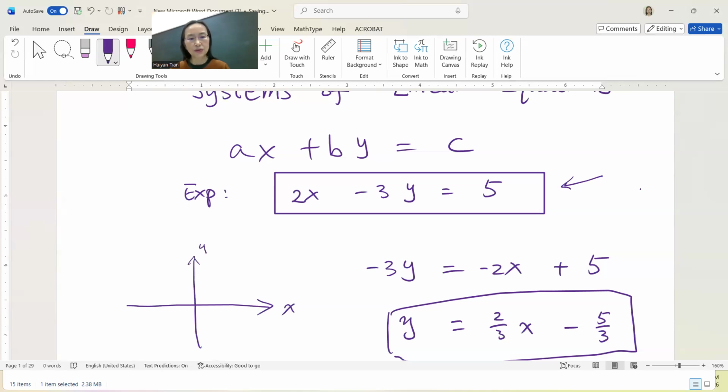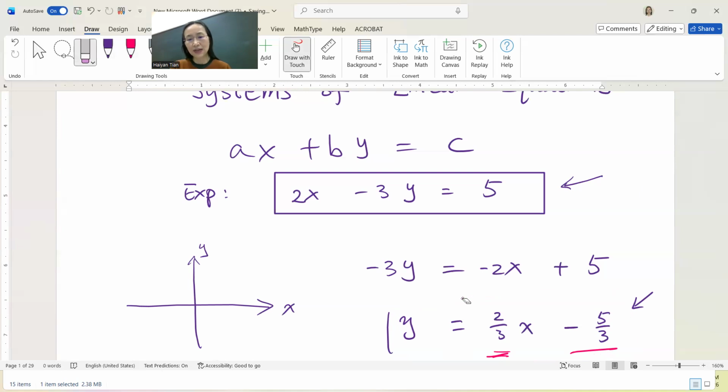If you show the picture, the slope will be 2/3. The y-intercept will be negative 5/3. So this will tell you the slope and y-intercept. But a line sometimes has an undefined slope. For example, if the line is vertical, the slope is undefined.